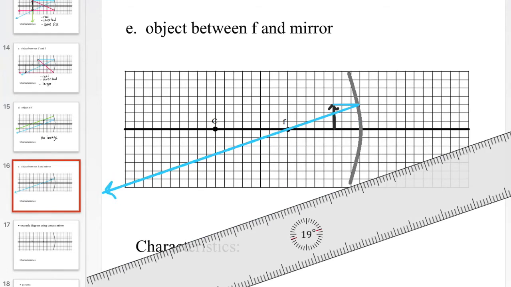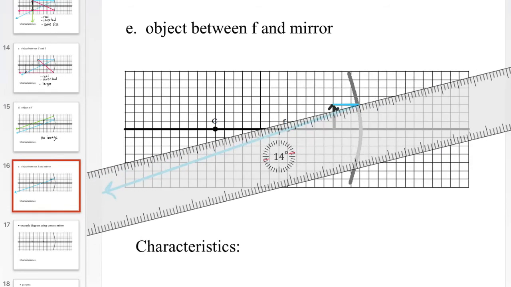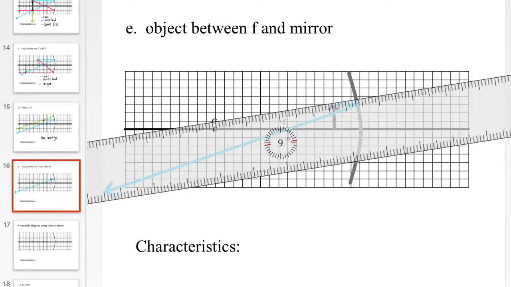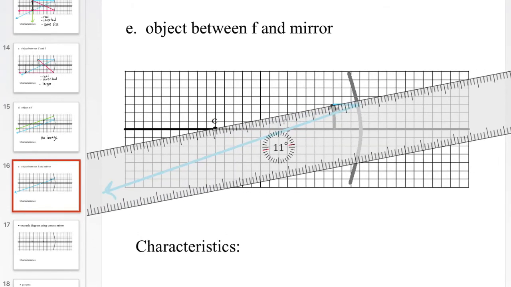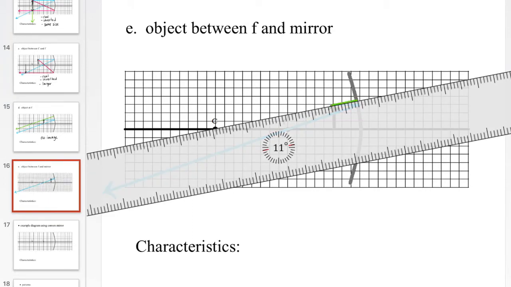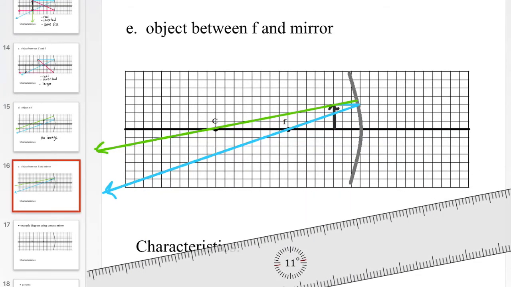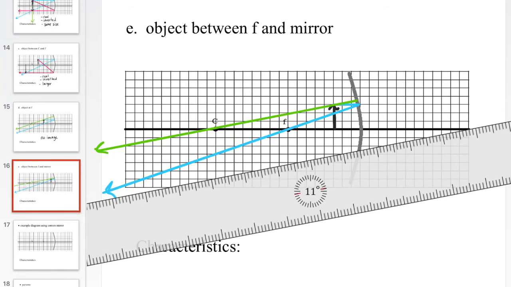Okay, the next one goes through the top of the image and the center of curvature. Let's go through that one. Okay, so again, it goes towards the mirror, bounces off, and goes back out that way. And then we have our third one that goes through the focal point.